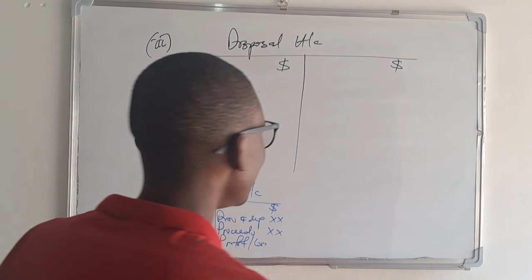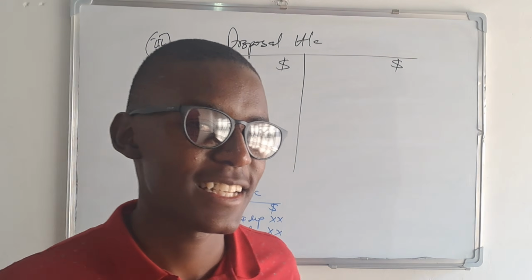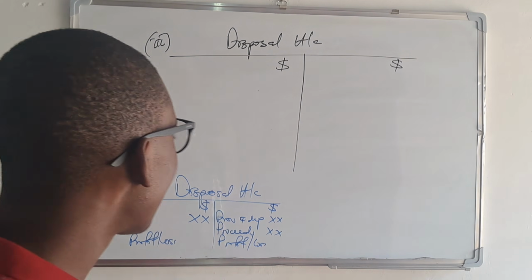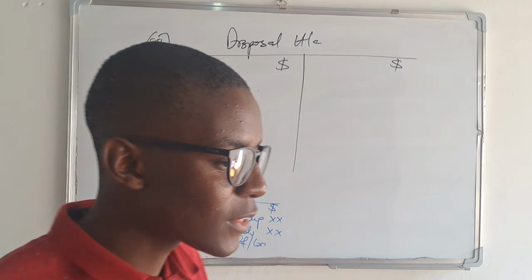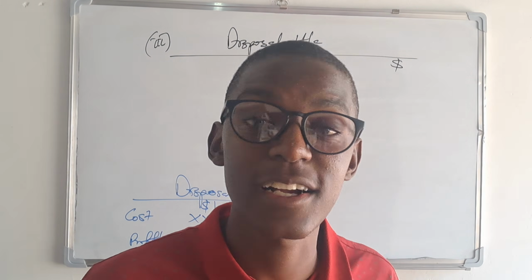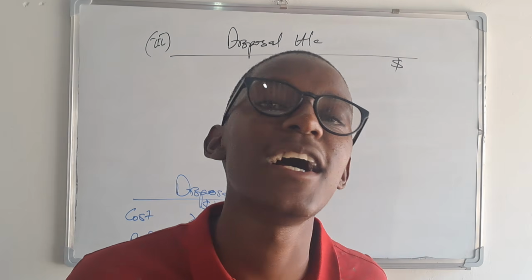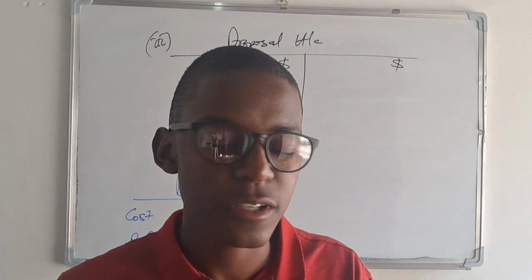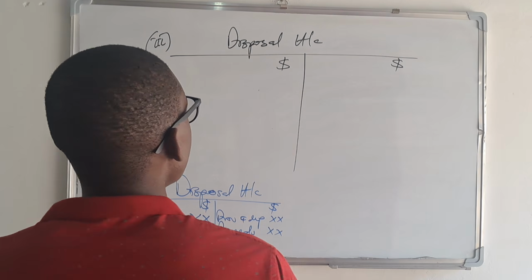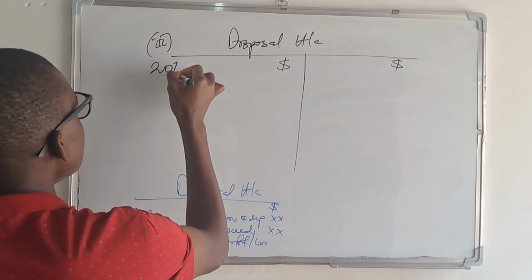If you don't research, you will definitely meet a Paper 1 question asking you, for example, to prepare a disposal account, and they give you answers as $3,000 profit, $3,000 loss. The choice is yours, guys, to go and research or not. Then you are going to write 2016.